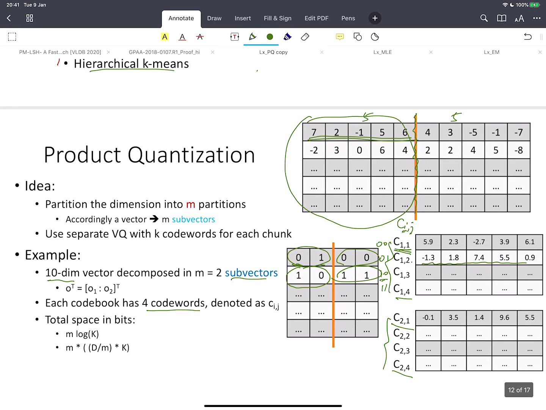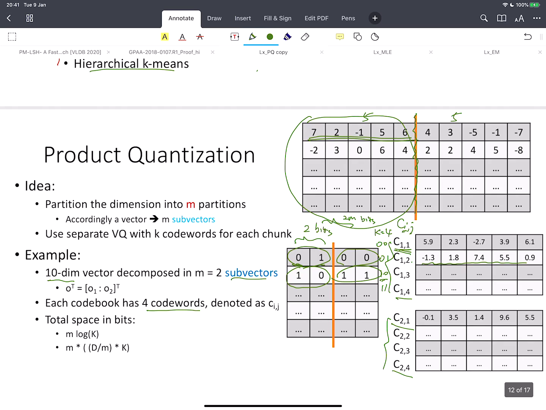As you can see, for each partition you use k equal to 4, so you only need 2 bits, and if you do m partitions, it's going to be 2m bits.